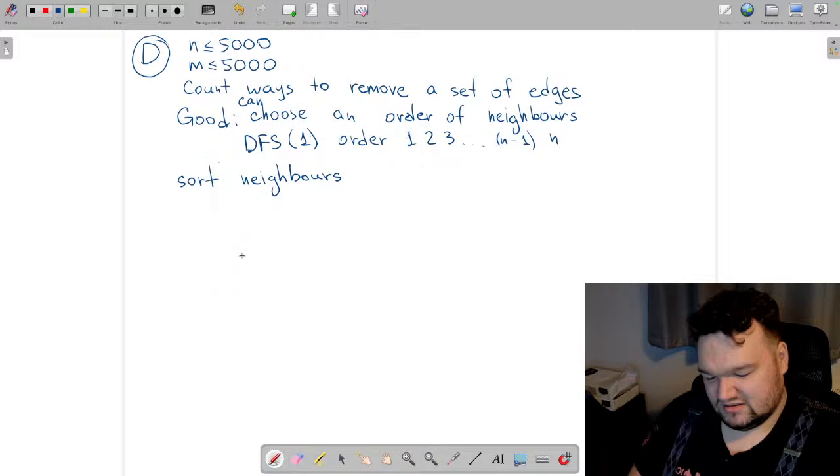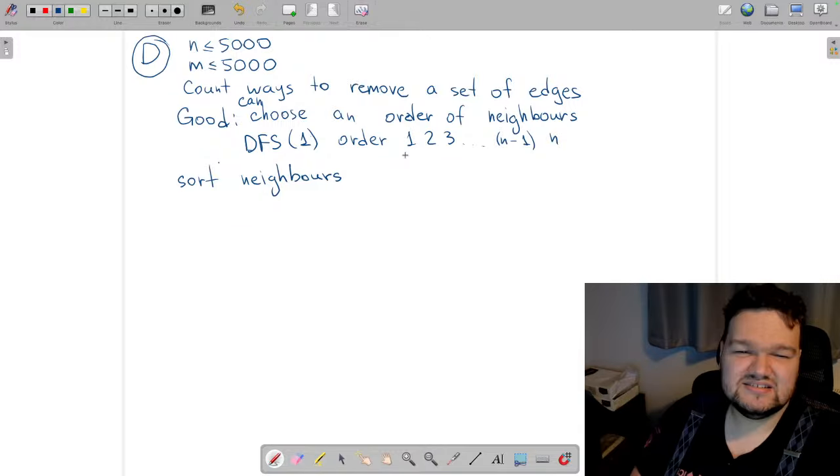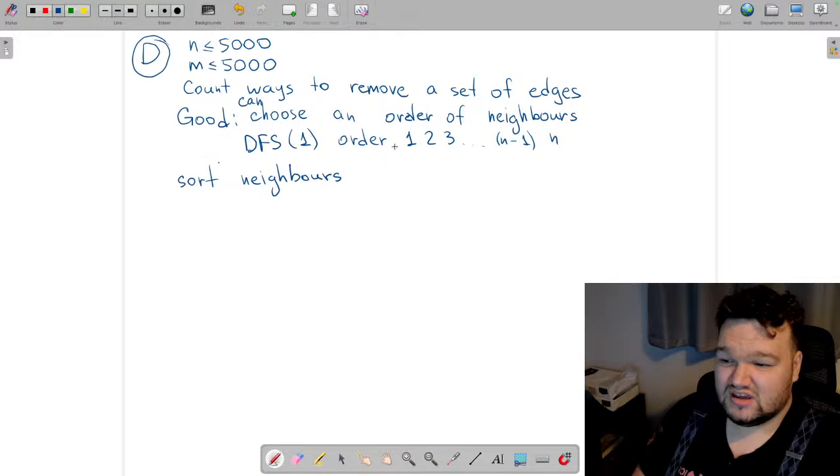Why is that? Well, the idea is that if we are on the right track, it means that at any moment we will have this prefix of vertices visited.